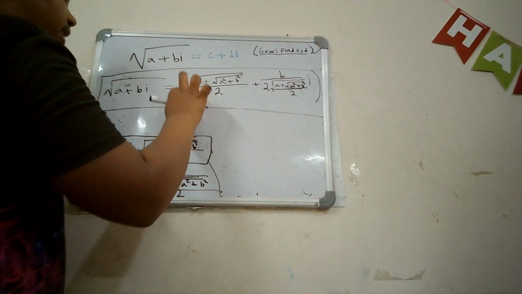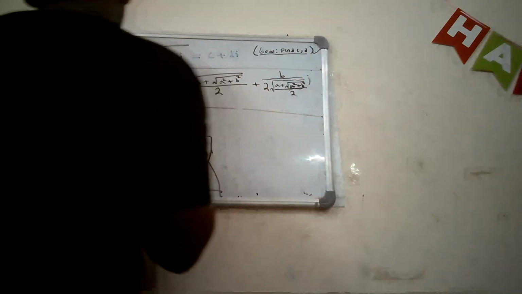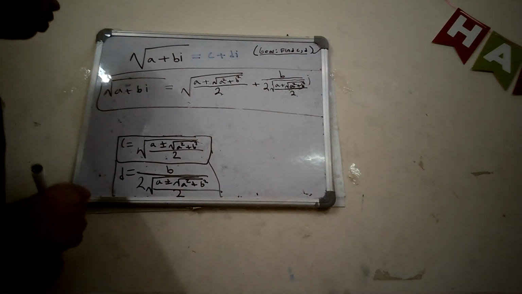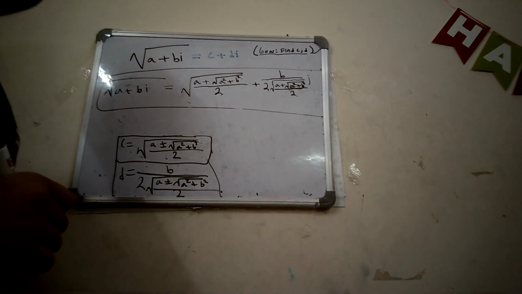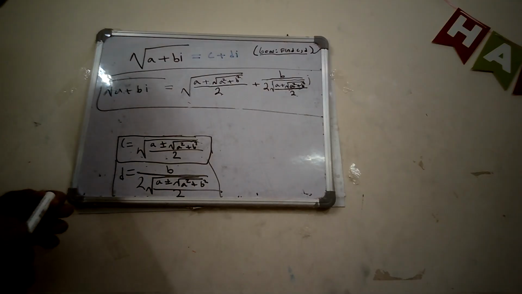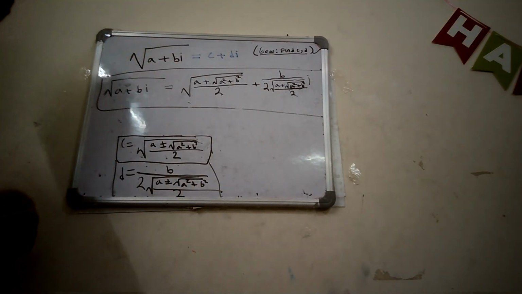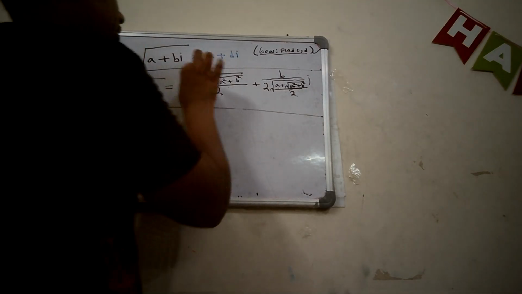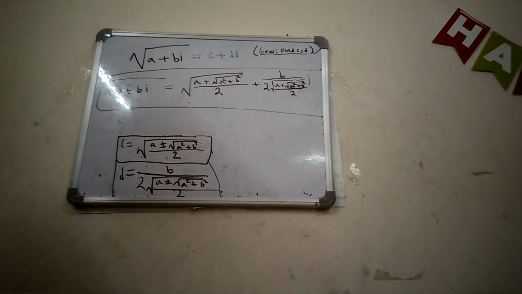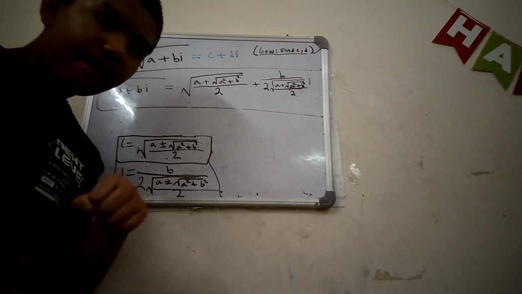We're just finding the principal square root. But of course, if you do want to find both of the square roots, then you're gonna have to put the plus minus sign here. You don't put it in here, because our main purpose was to find the principal square root.